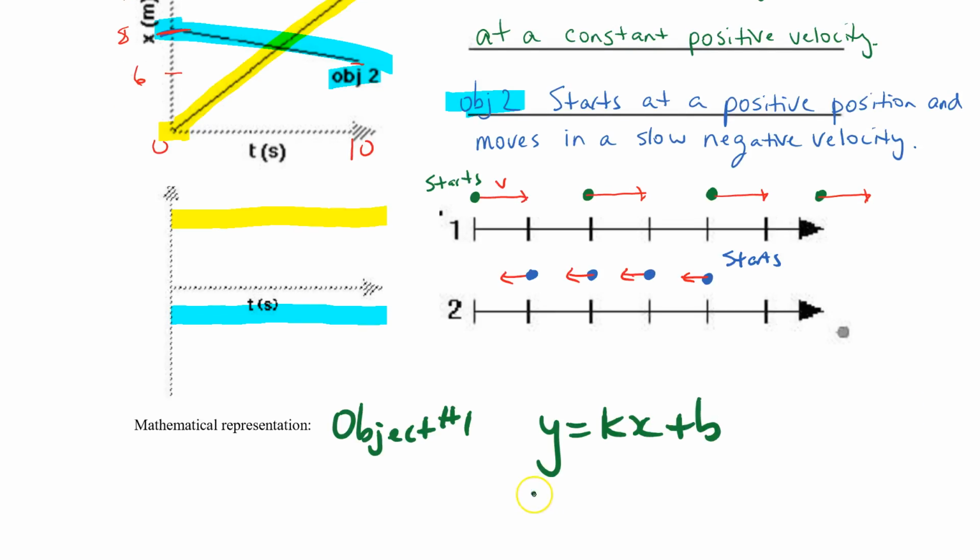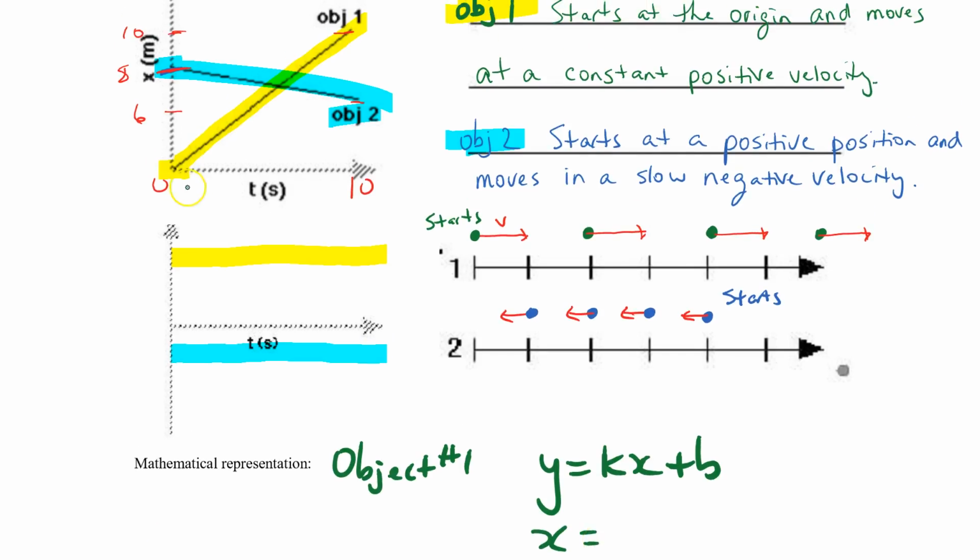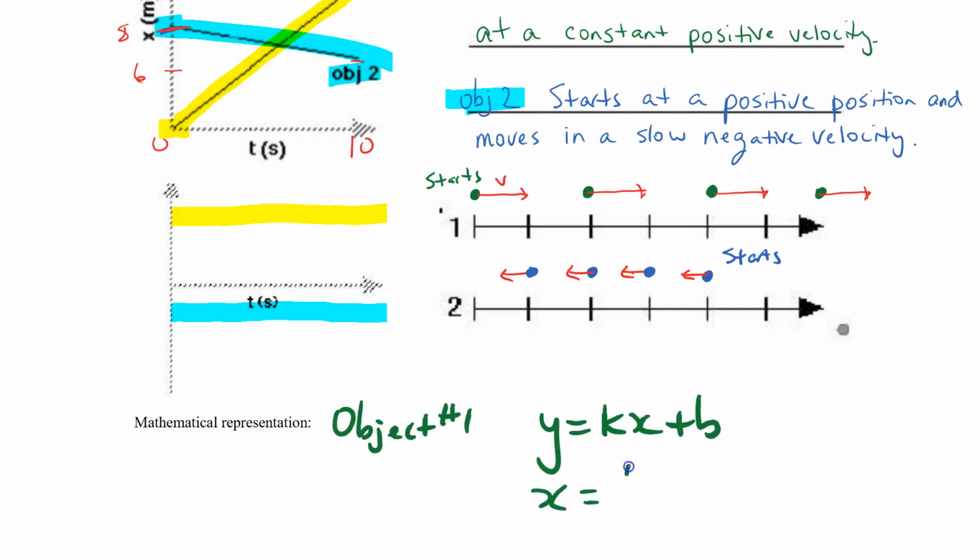So the position x is going to be equal to the slope. Well, the slope of this is it rises 10 and it runs 10, so it'd actually be 1 meter per second multiplied by the x-axis, which is t in seconds, plus 0. So I don't actually have to write the plus 0. That would be an example of a mathematical representation for my object number 1.